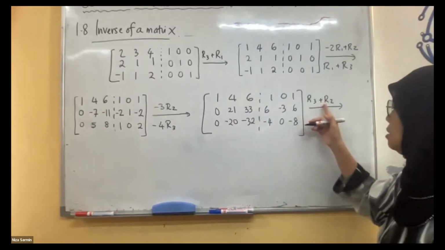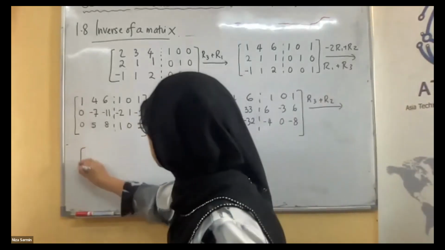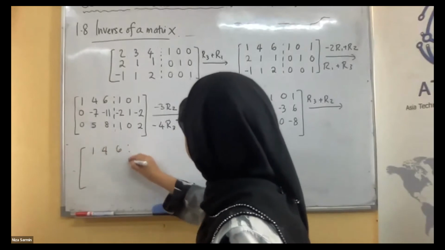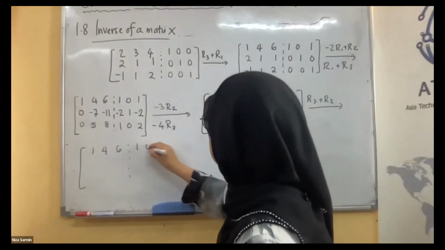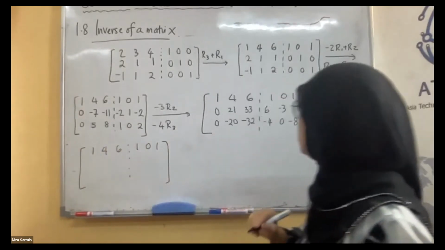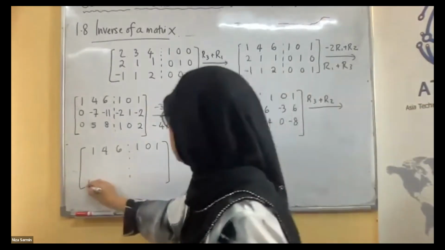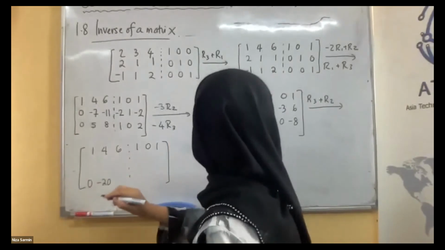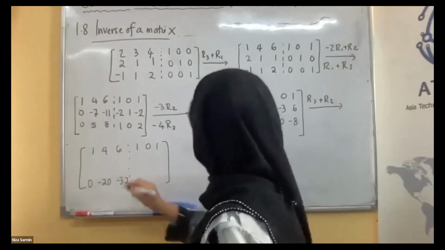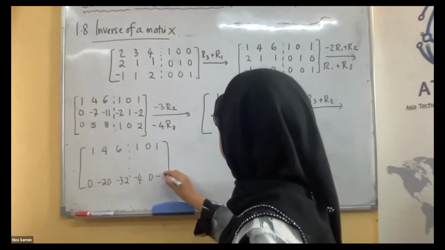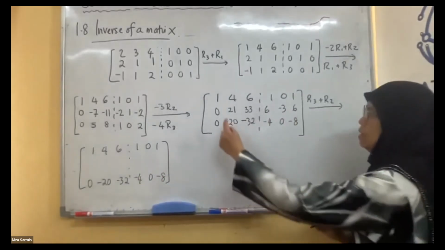Okay, so R3 plus R2, you will get, copy the first row. Okay, and then copy the third row. Okay, and then add. This is 0.